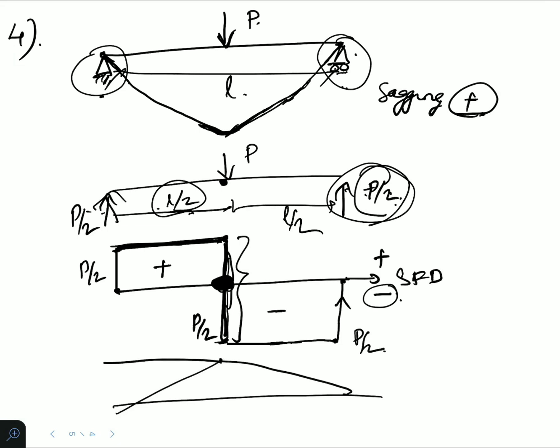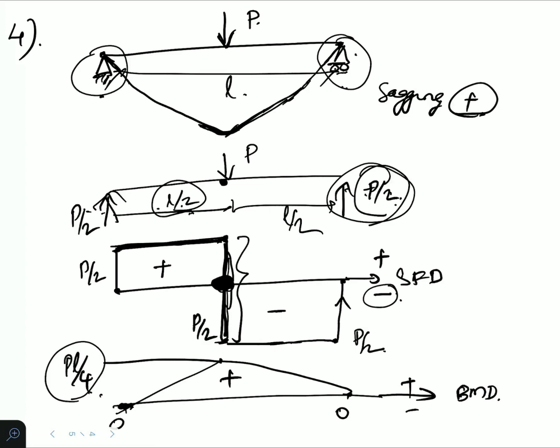This value will be PL by 4. Okay, this is positive. Here it will be 0, here it will be 0. Okay, I hope it is clear. P by 2 into L by 2, that is PL by 4. Okay, so I hope it is clear now.